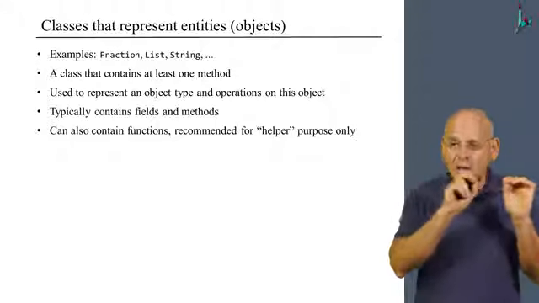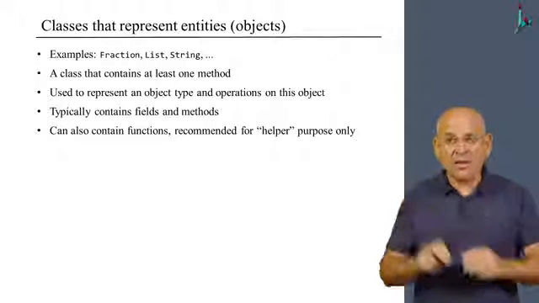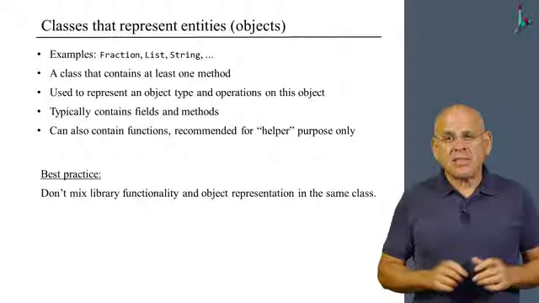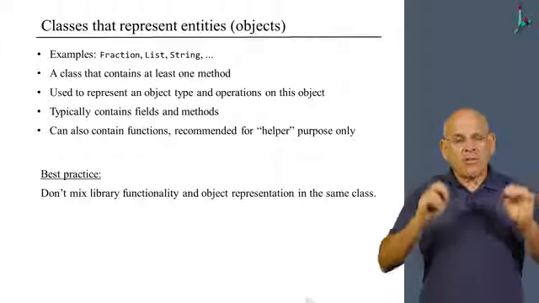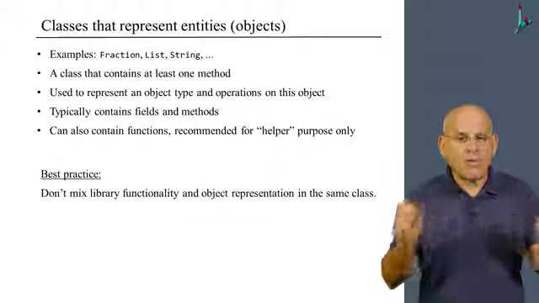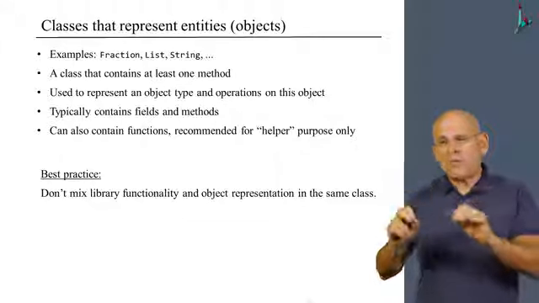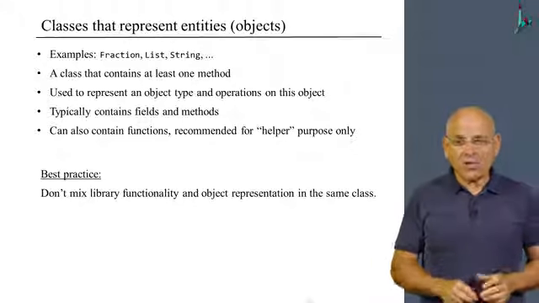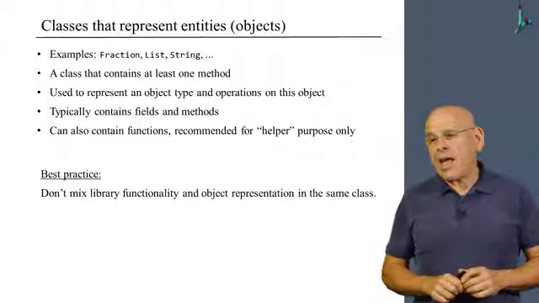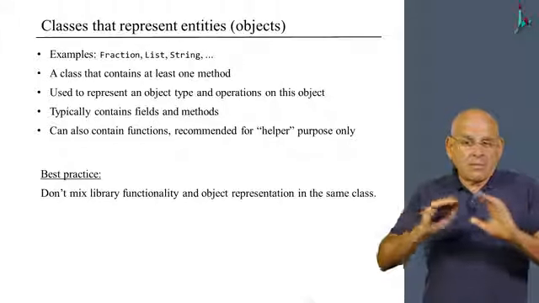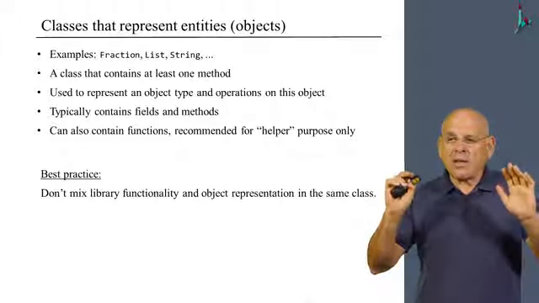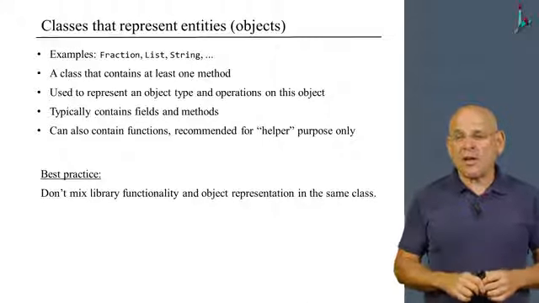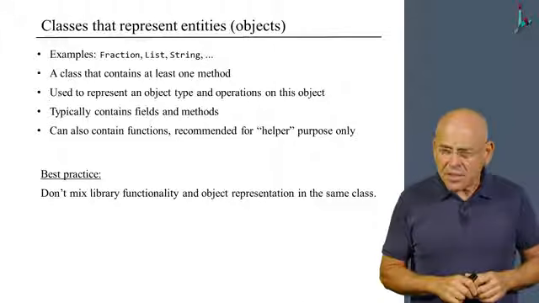You should put them in separate classes, not in this one. So the general advice is not to mix library functionality with object representation functionality in the same class. You should separate them. And once again, these are general software engineering propositions which are not directly related to this course.